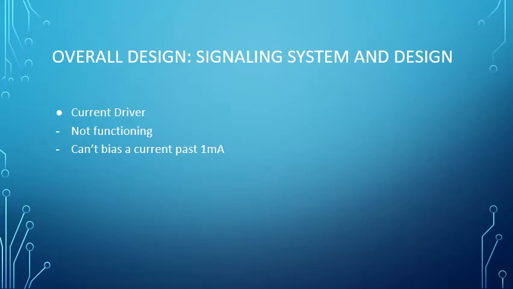But as we reached our current driver, it got a lot harder to understand what was going on because it was just not functioning when we were working with it. We even tried putting a current source at the very top instead of a MOSFET at the bottom or top to bias the current. We couldn't bias it past 1 milliamp, so we had to go without the current driver or voltage driver.